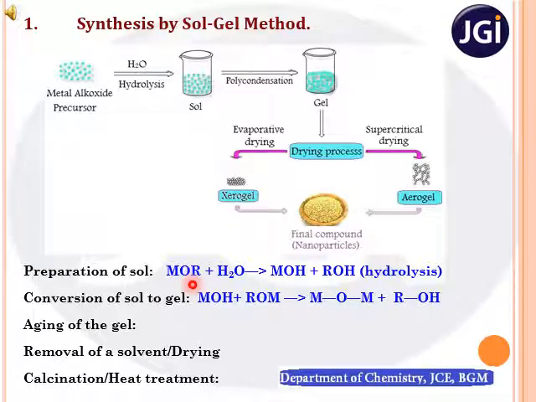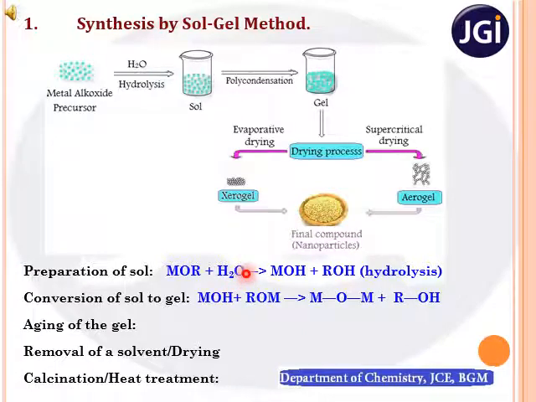So such chemical compounds are called metal alkoxide. Metal alkoxide are taken as a precursor in this step. Then these metal alkoxides are dissolved in alcohol, and then water is added under acidic or neutral or basic condition.